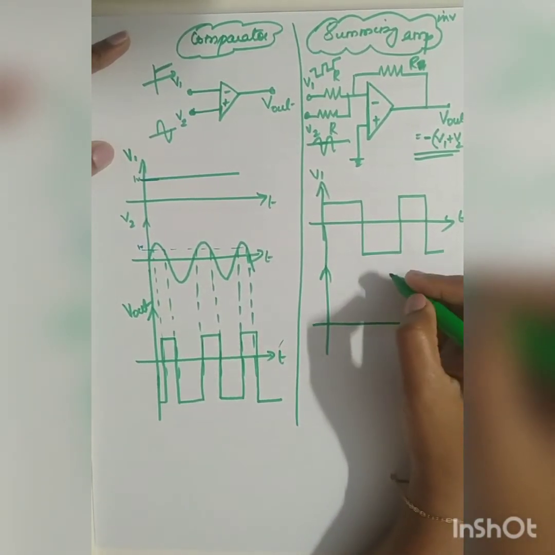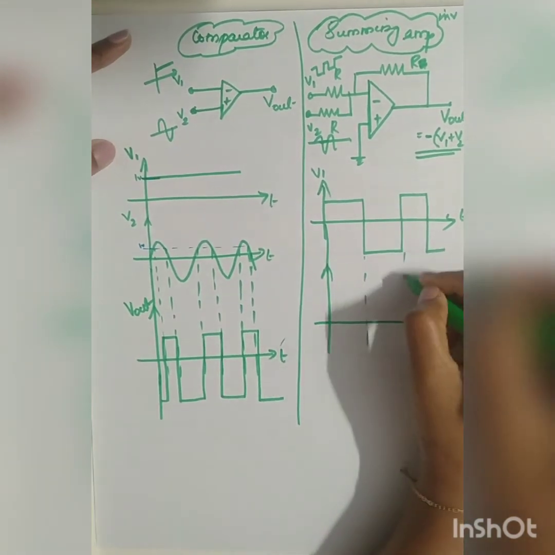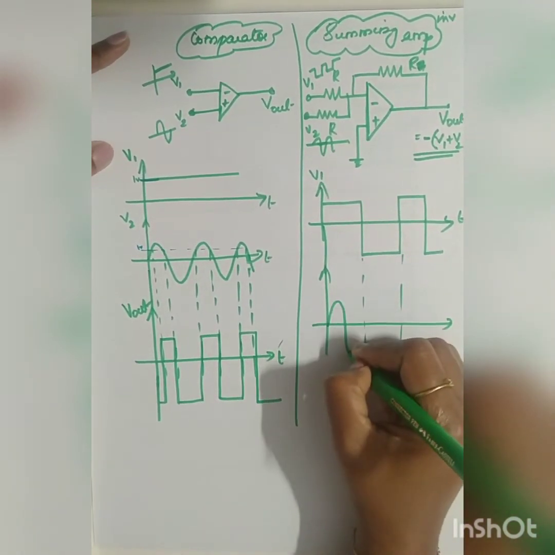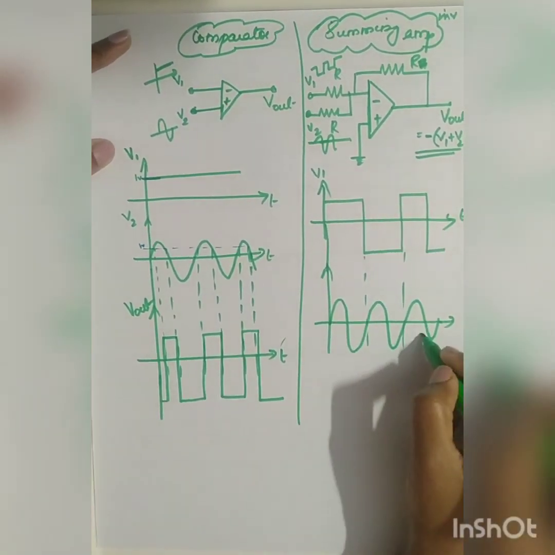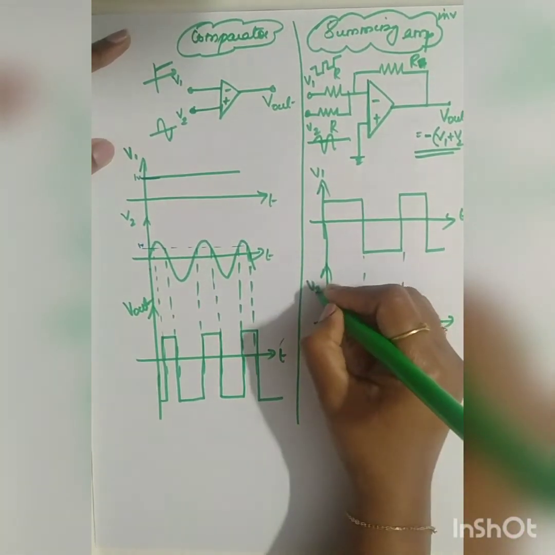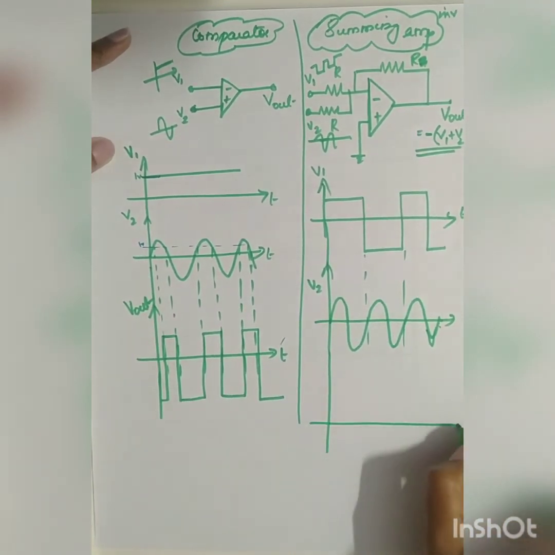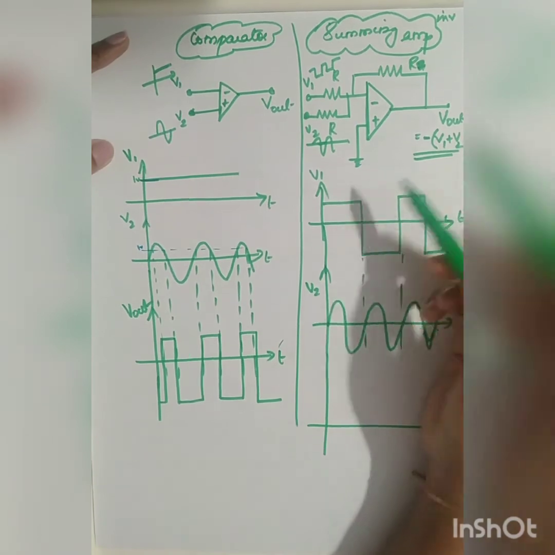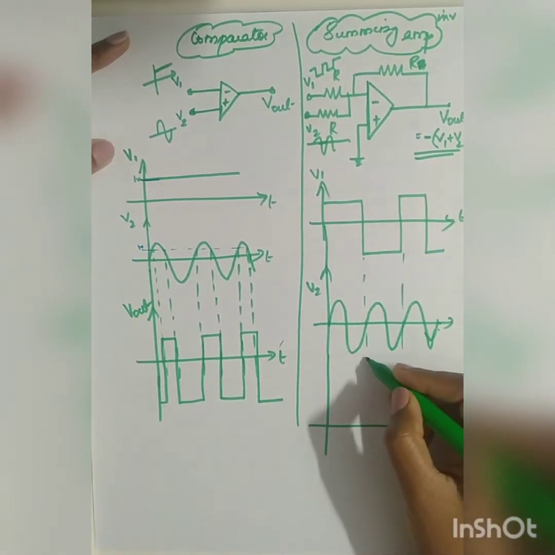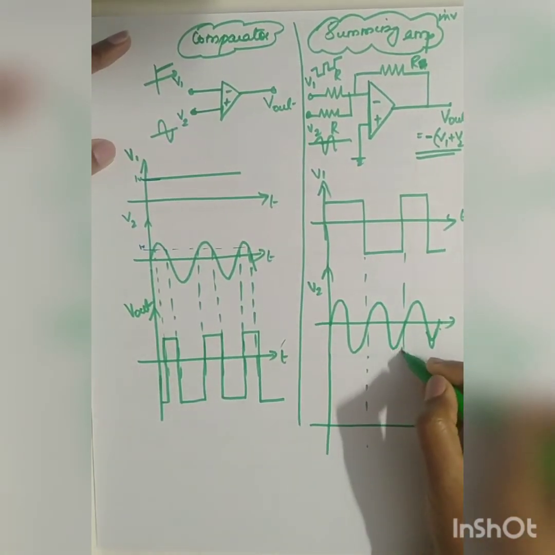Now what will be your output? The output will be the sum of both the signals, V1 and V2, added together.